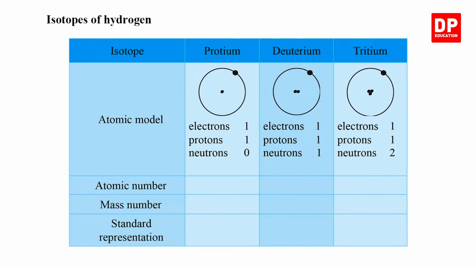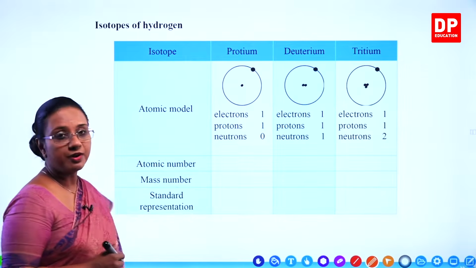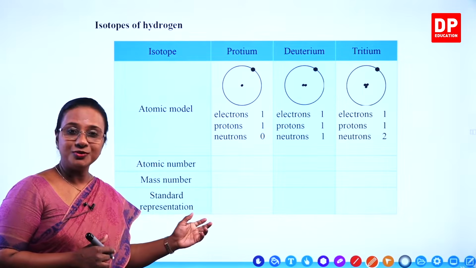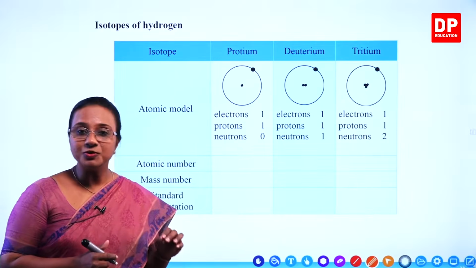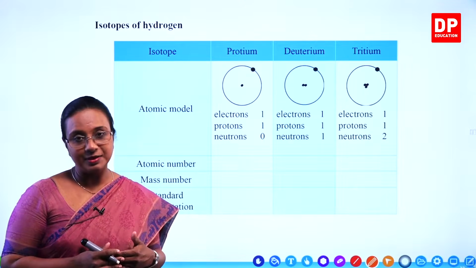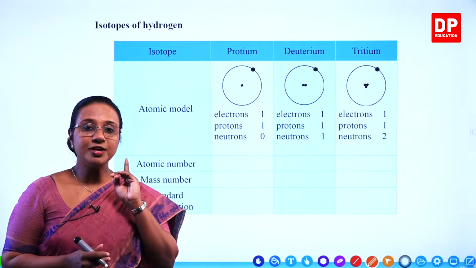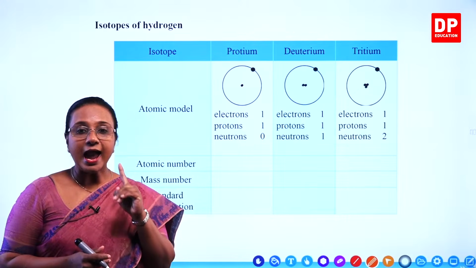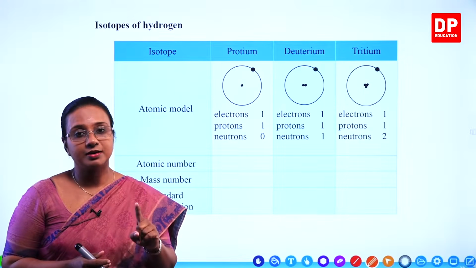We will now look at the hydrogen element and its isotopes. Isotopes of hydrogen. As you know, hydrogen is the simplest element. Just 1 proton and 1 electron. Atomic number is 1.